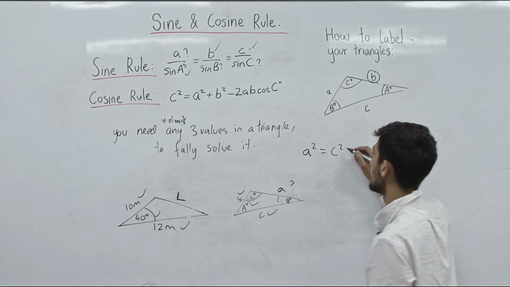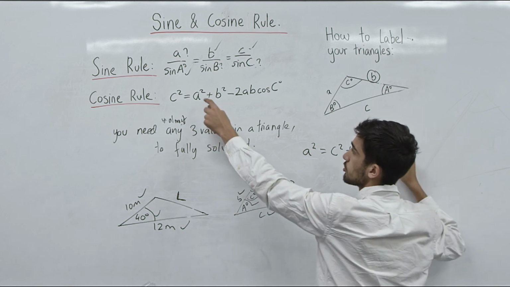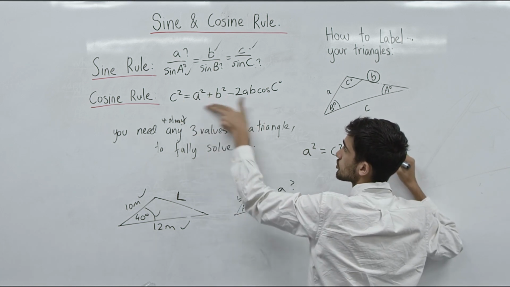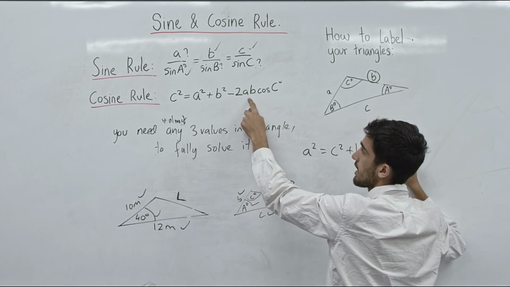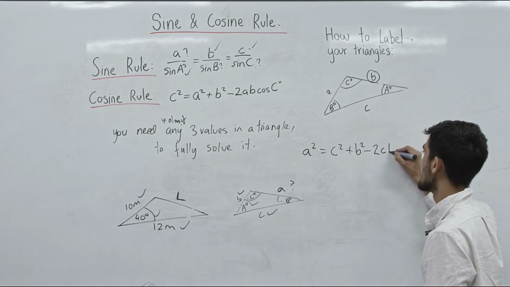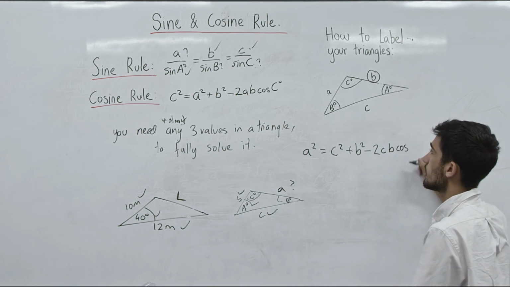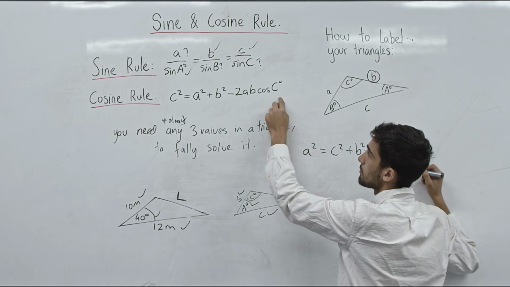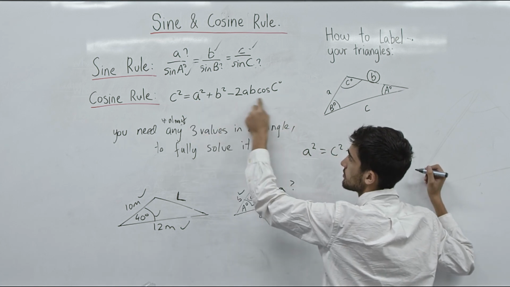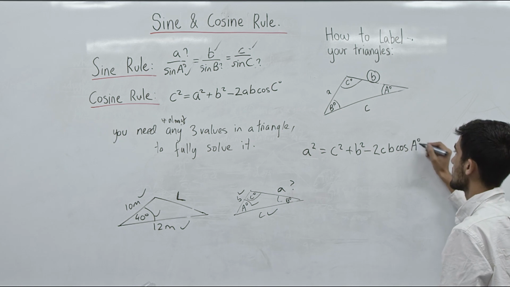The B remains the exact same, so we get plus B squared, minus 2. Remember how I said you replace A's with C's? Because we've changed this, we replace 2A with 2C. B remains the same, and then times the cos, not the cos of C now, because we're replacing C with A and A with C, so we get the cos of A instead.